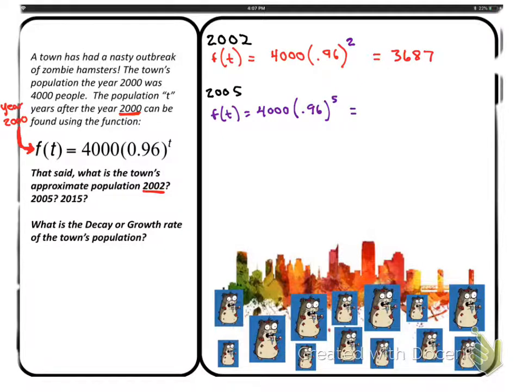We grab our calculators, plug this in. If my calculator works, see, 4,000 times 0.96 to the fifth power gives me 3262.